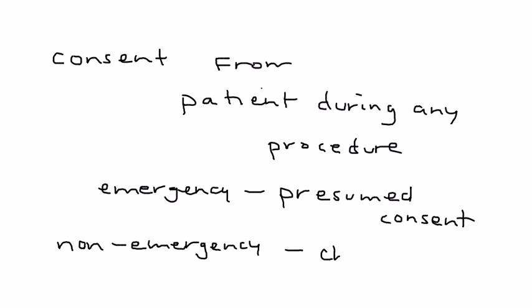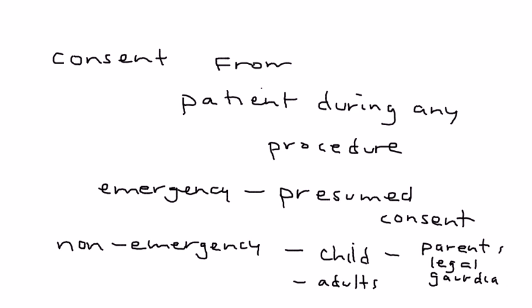Now you have to split it up into children and adults. In children, of course, the consent is obtained from the parent or the legal guardian. Now, in adults, that's where the discussion is really a little bit more complicated, and that's what I wanted to focus on.